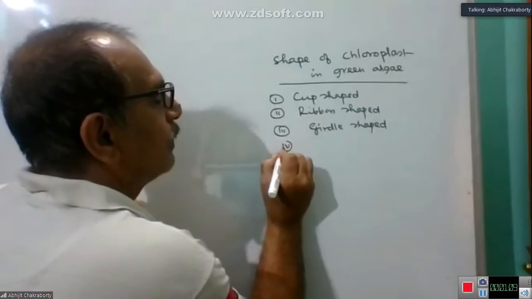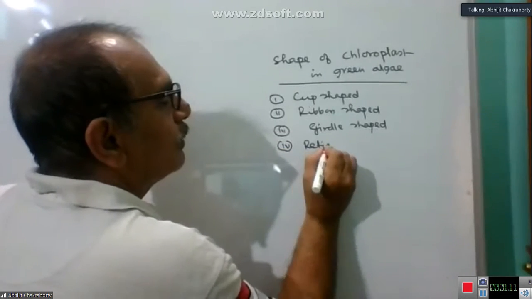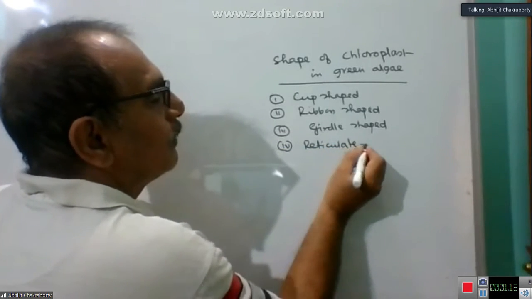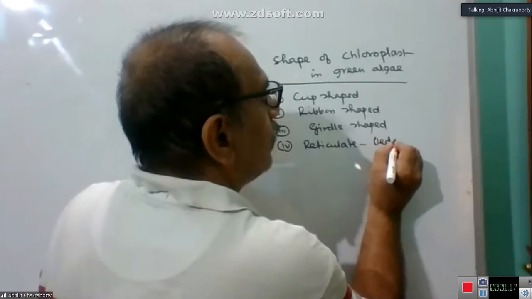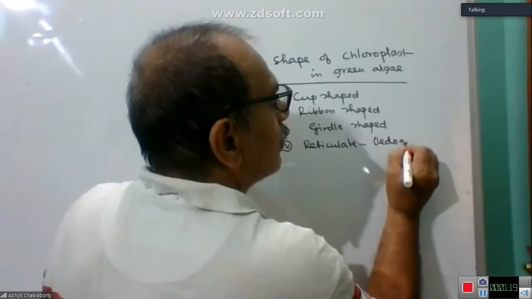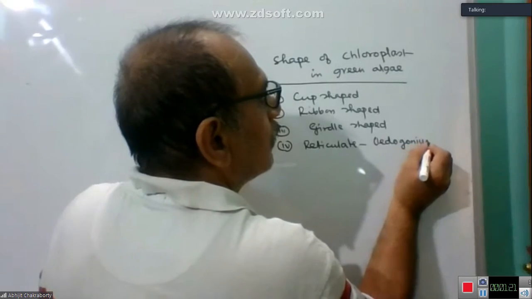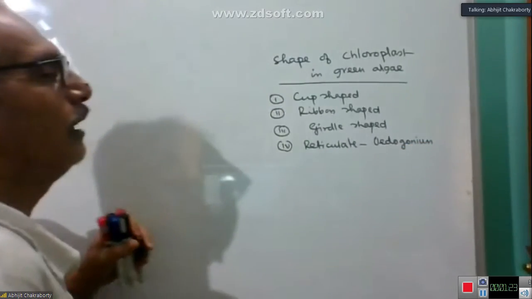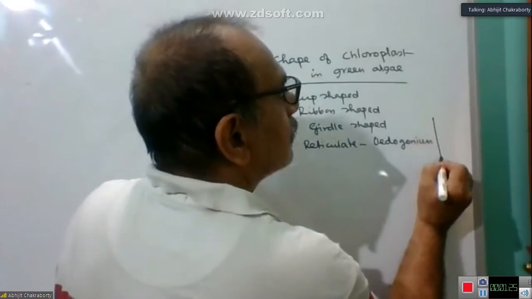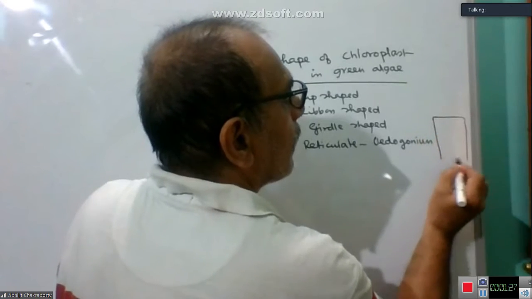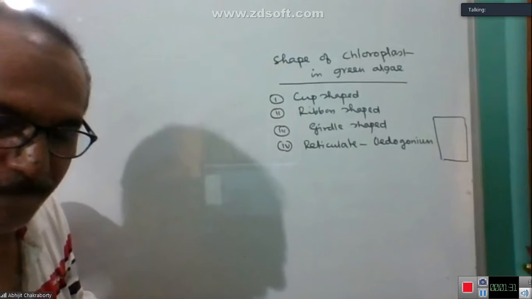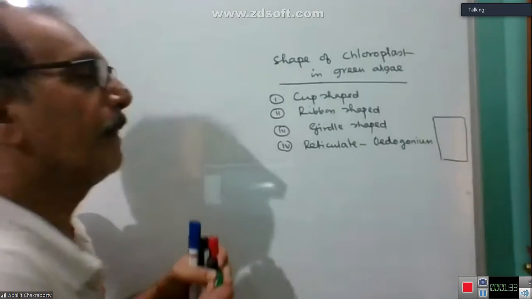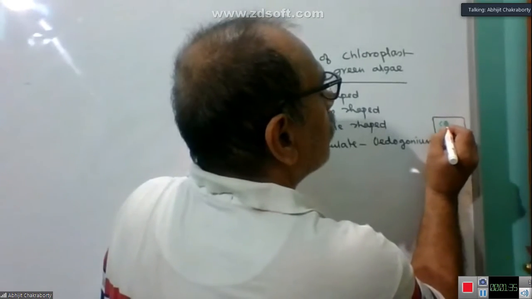Then reticulate, found in Oidogonium. And it appears like this. You will get the chloroplast like this.